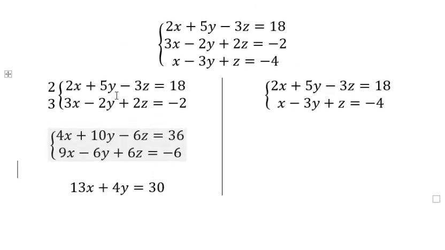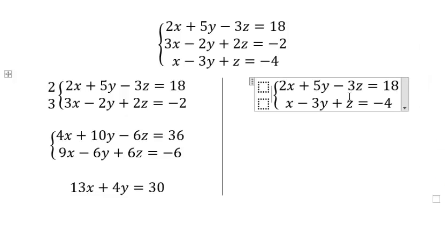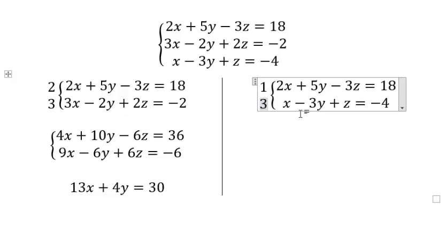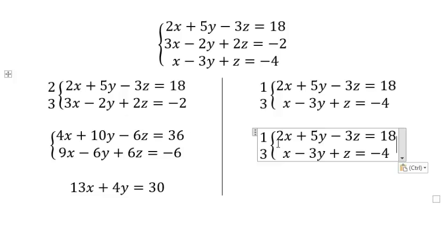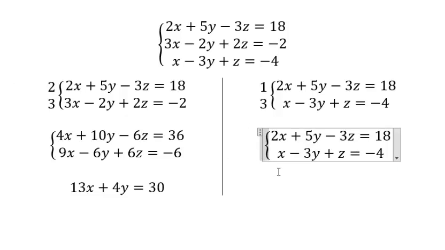I'm gonna repeat the same process in the other system. Okay, in the other system I'm gonna have to do the same thing. I'm gonna flip these two numbers in order to eliminate z, and I'm gonna multiply with them. Okay, so I don't need this.